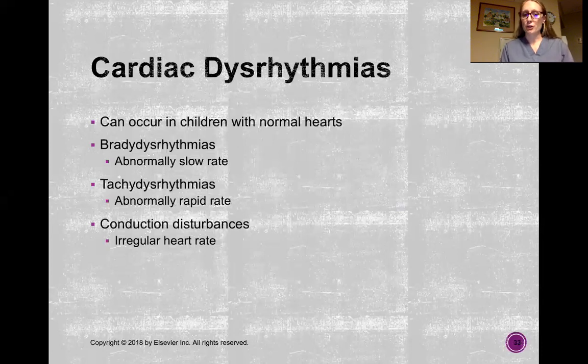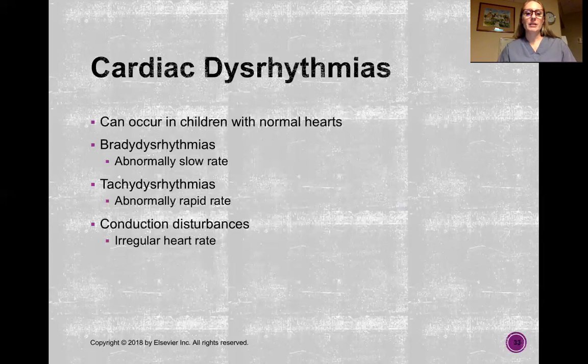We see it after surgery, and it can be secondary to metabolic and electrolyte imbalances, because remember that the heart is driven by action potentials, right? So our sodium-potassium pump is of vital importance, and maintaining that electrolyte balance is really important. These dysrhythmias can range from being self-limiting and resolving on their own to being deadly within minutes.